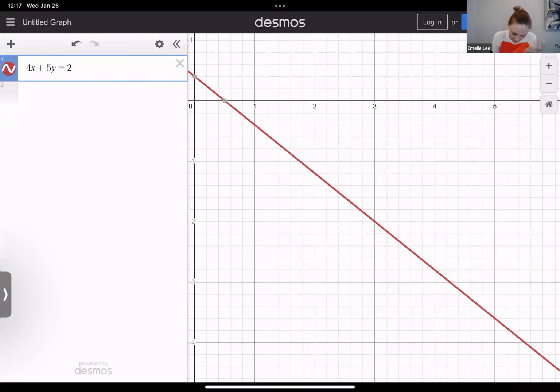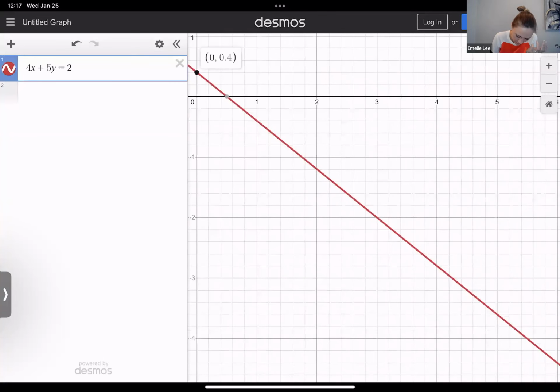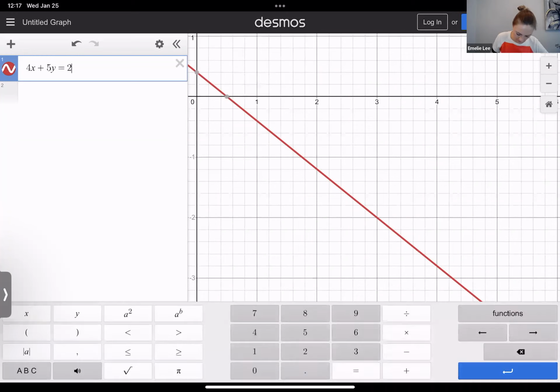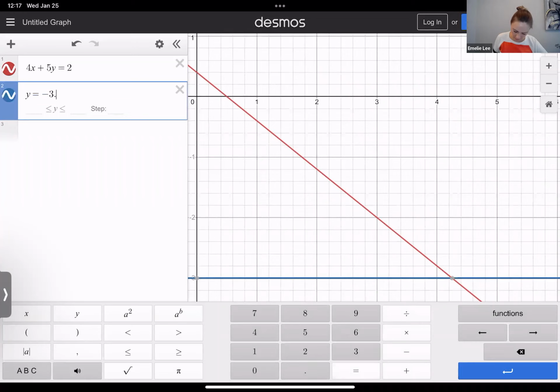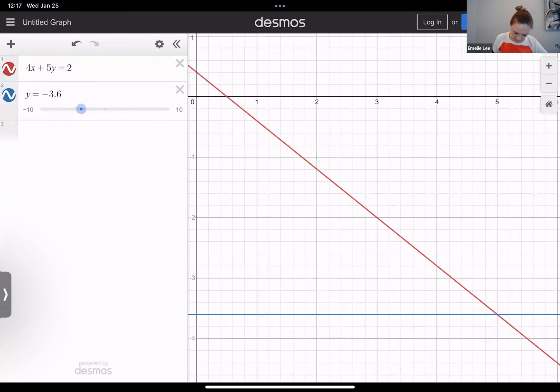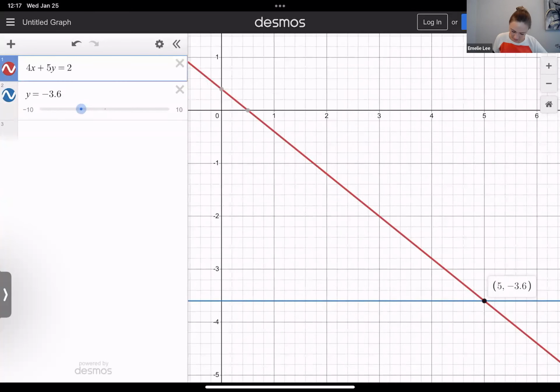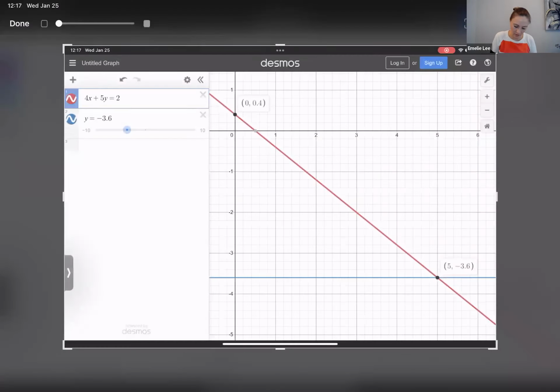Now let's see here. I'm going to draw a line at y equals negative 3.6, because then it'll give me these points. The only reason I'm doing that is because I want to do a screenshot to bring into our notes.